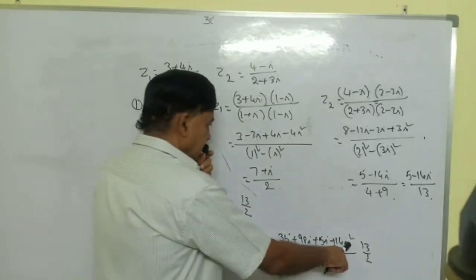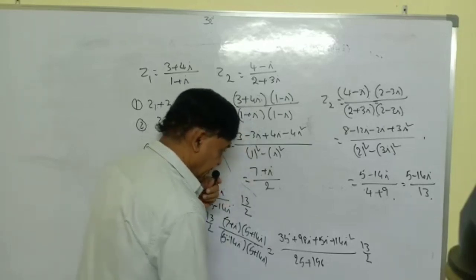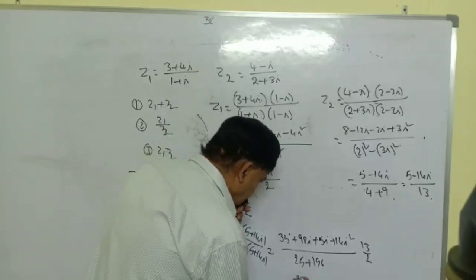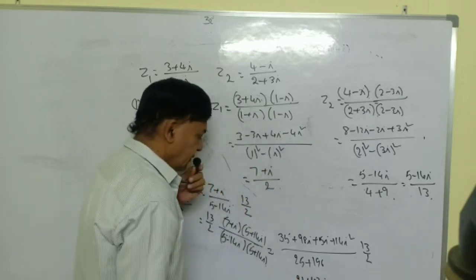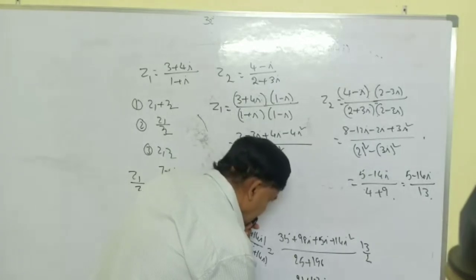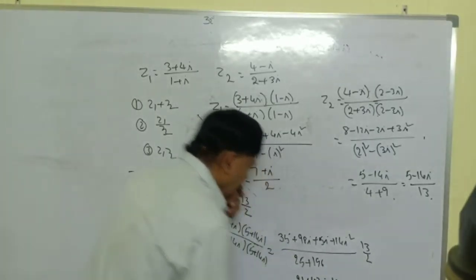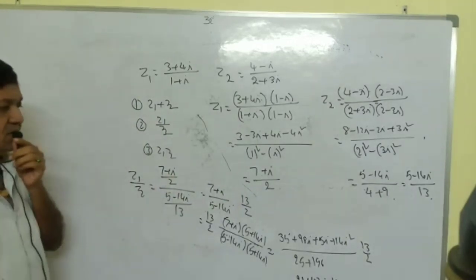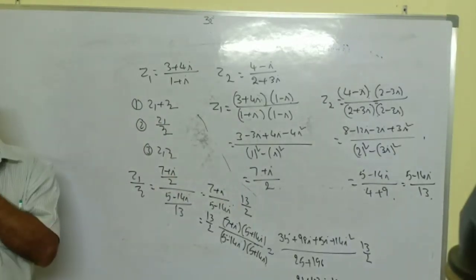Now i square is minus 1, 35 minus 14 is 21, plus 103i by 221 into 13 by 2. This is how Z1 by Z2 can be estimated if Z1 and Z2 are given.